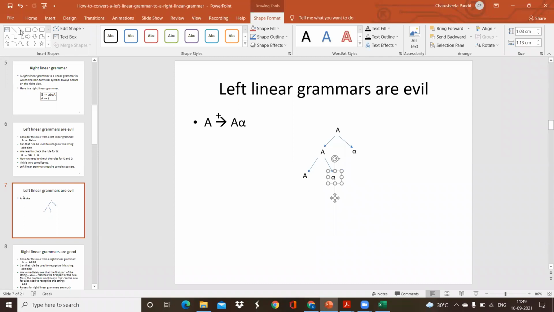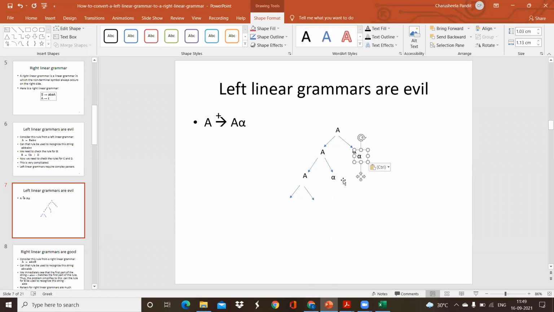Now again this A, because this non-terminal A appears as the first symbol on the right hand side of the production rule.